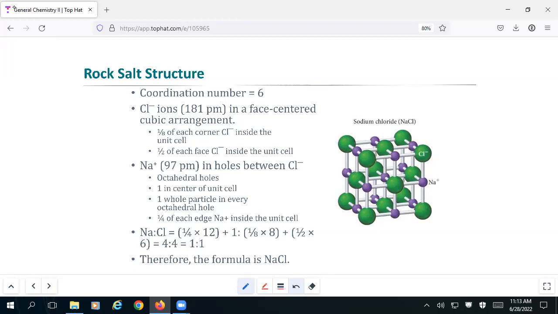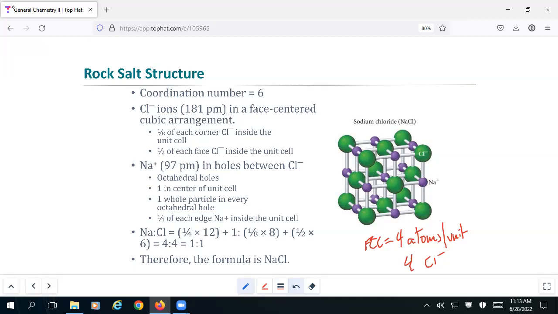So if I look at the unit cell, remember, face-centered cubic is 4 atoms per unit cell. So I've got 4 chloride ions in here.